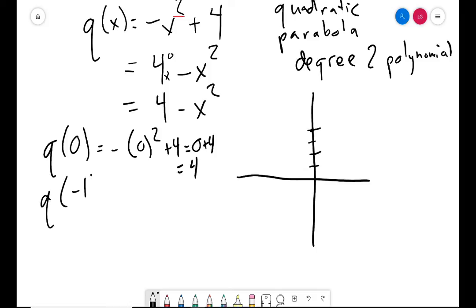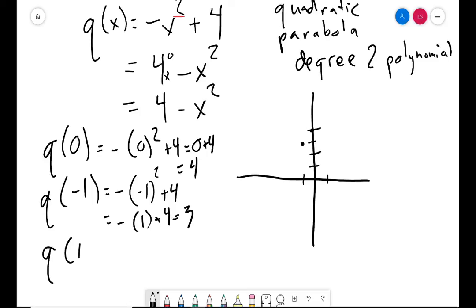Then maybe we'll look left and right by 1 in the x value. So when x is negative 1, when x is positive 1, what happens? Well, it's negative 1 squared plus 4. Okay, that's negative 1 plus 4. That's 3. Now, you may already know this about quadratics. They are, in fact, symmetric to the left and right of their vertex, which we happened to find.